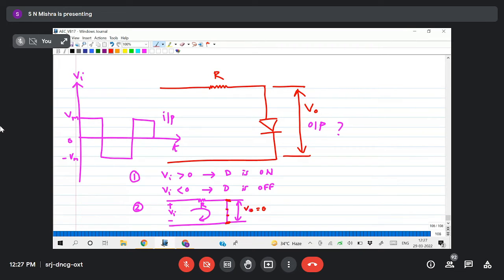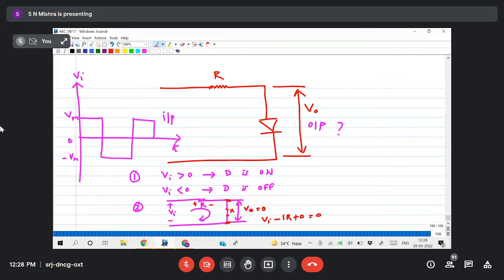Otherwise, if you apply KVL, then Vi minus IR plus 0 equals 0. There is no drop across the load, so all the voltage drops across the resistance.